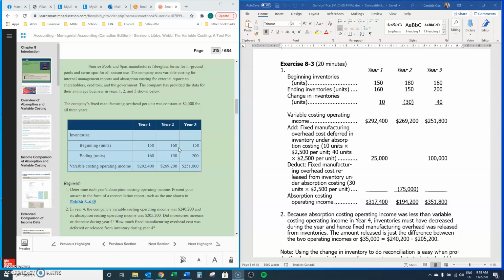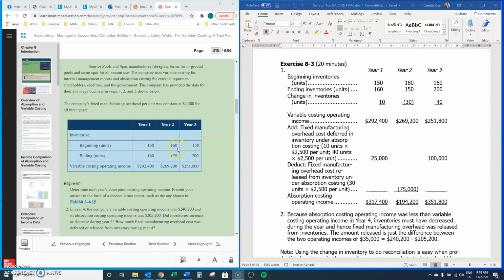Just noticing this. Year 2 here, they have 80. But year 2 here, they have 160. Okay. Well, we're going to assume these are the numbers, even though it doesn't actually 100% make sense, because your ending inventory for one year is going to be your beginning inventory for the next year.